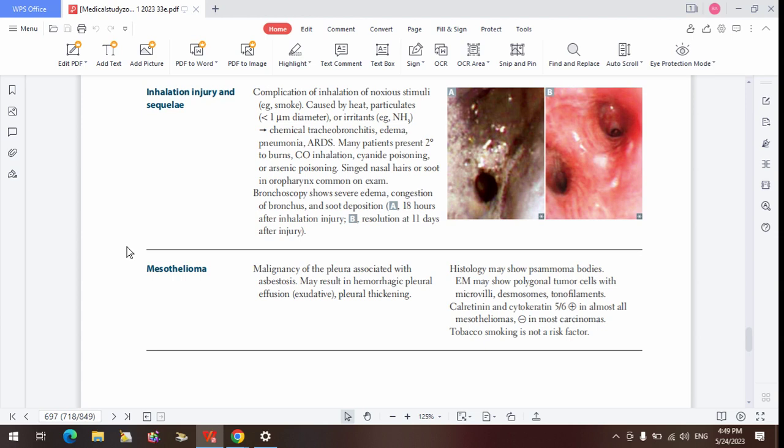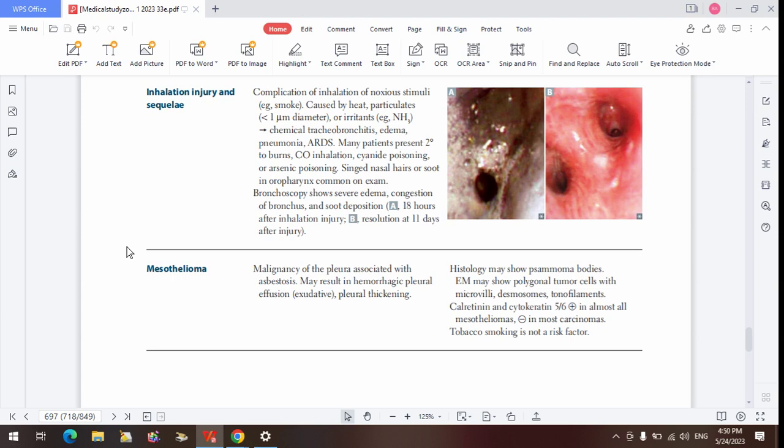Mesothelioma is malignancy of the pleural lining. And the only cause that has been discovered to cause mesothelioma is asbestosis. Smoking doesn't cause mesothelioma. Asbestosis causes mesothelioma. Asbestosis itself is one of the pneumoconioses, one of the occupational lung diseases.